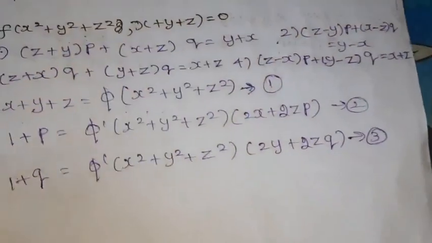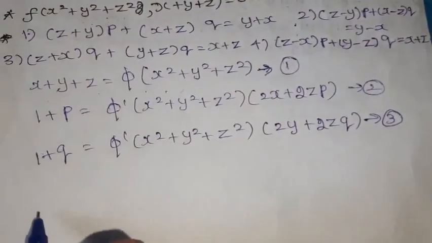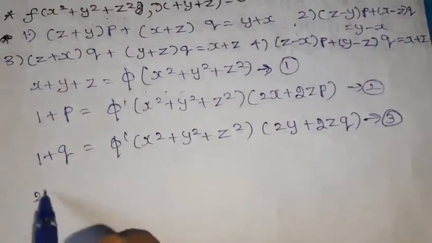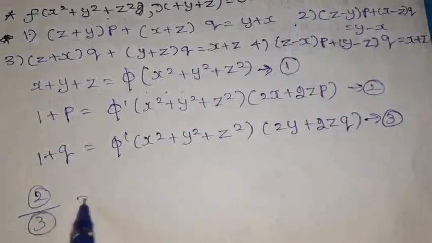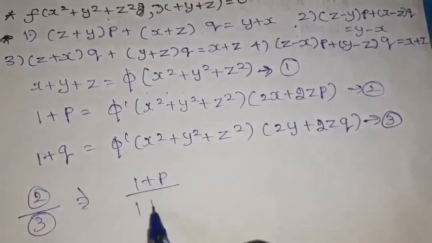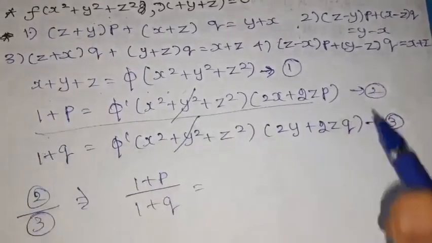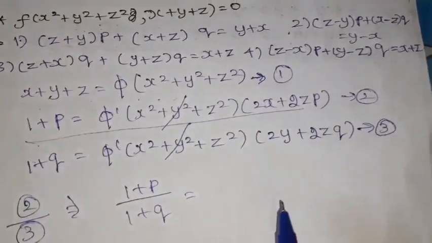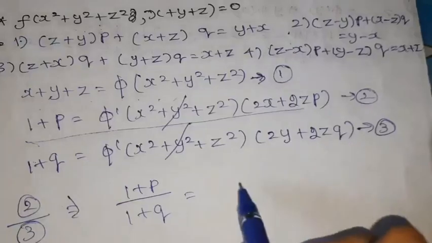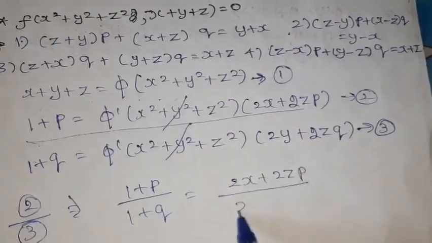Okay. Then equation 2 divided by equation 3, what will we get? 1 plus p divided by 1 plus q equal to, this term will get cancelled when dividing, then 2x plus 2zp divided by 2y plus 2zq, right?